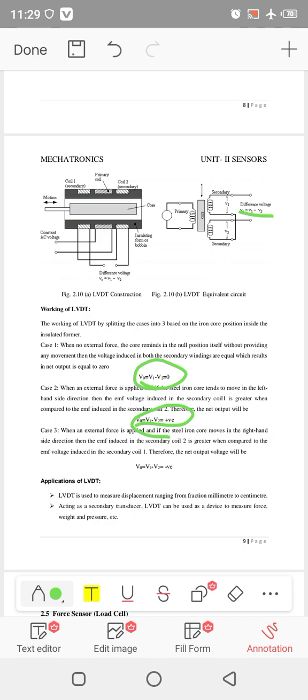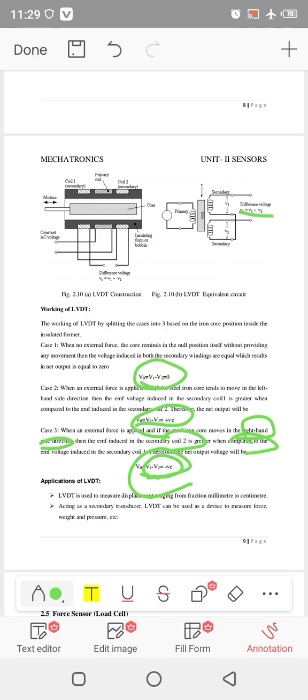When the external force tends to the right side, the EMF in coil 2 is greater, so V2 has greater voltage than V1. We should understand these cases. If there is no external force, the voltage induced in V1 is equal to the voltage induced in V2.